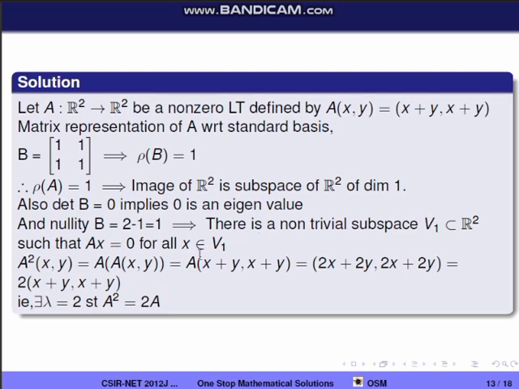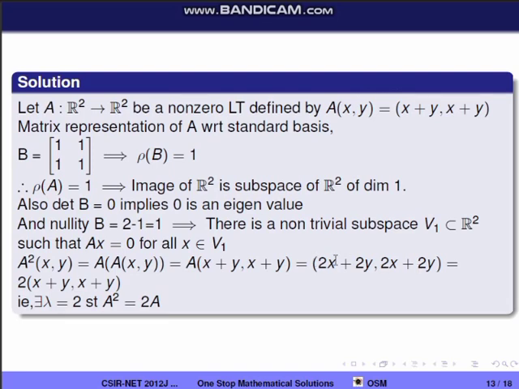Now I am finding A square of x, y, that is equal to A of A of x, y. Now I am replacing A of x, y by the definition. So we will get A of x plus y comma x plus y. Now again I am applying A on this. So we will get 2x plus 2y comma 2x plus 2y, because A of x, y is adding both the terms.